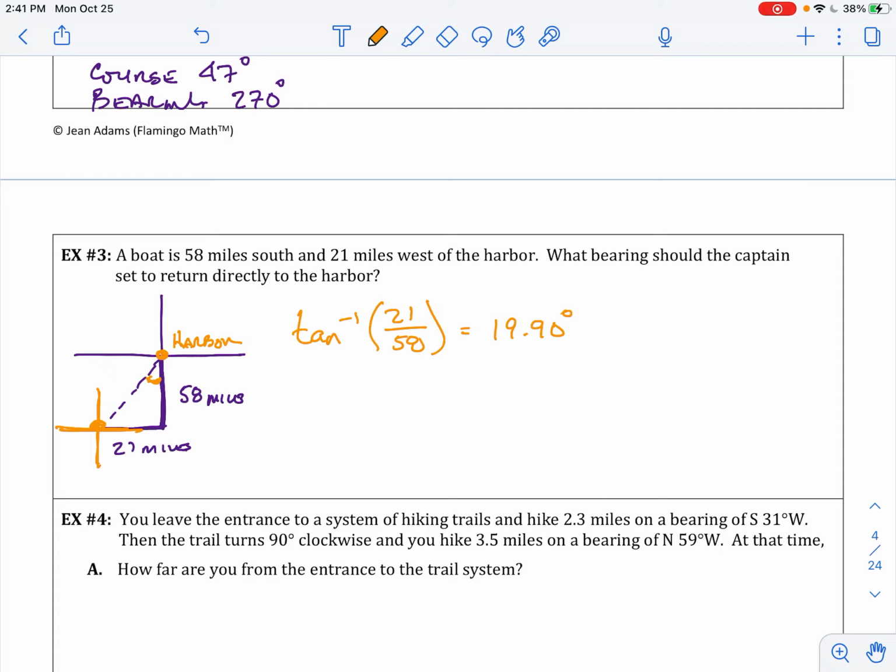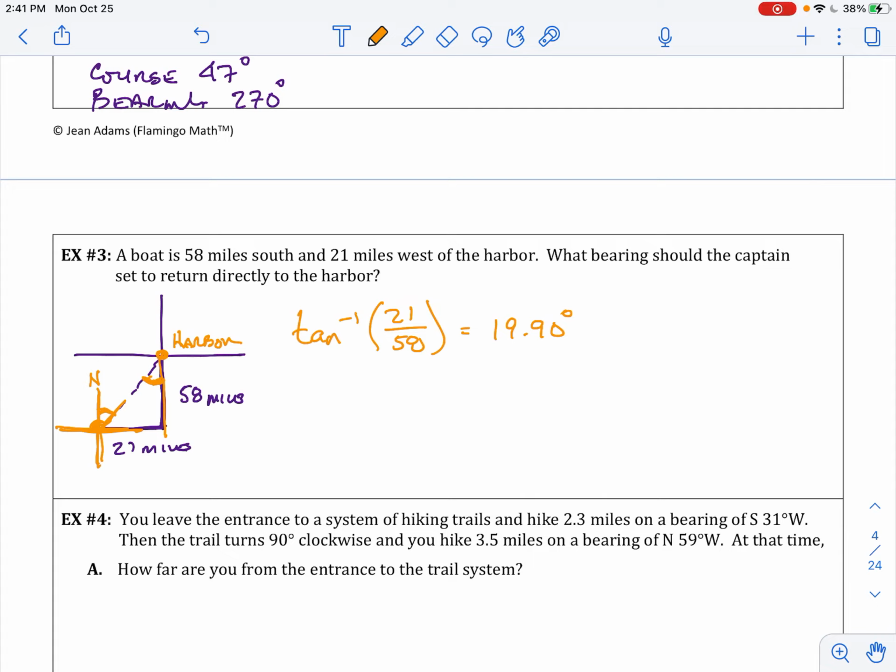So if this right here is 19.90 degrees, then what bearing should I have? So again, going from here, because this is where I am, focus down here, what would it be? If that's 19.90, I don't know if you remember, do you remember your parallel lines? This here is also 19.90, okay, because of alternate interior angles.